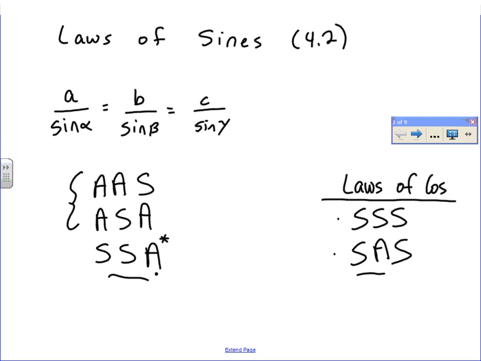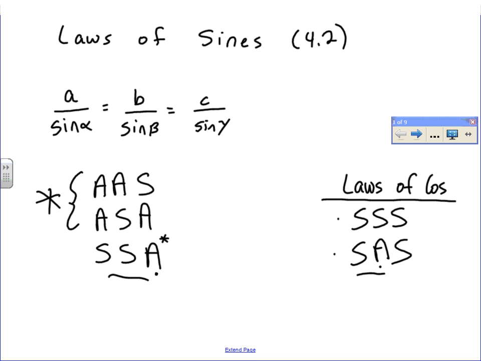In this case, the angle would be the included angle, so it would be the angle in between the two sides. When we start looking at this, especially on Wednesday, I'll give you a better explanation about side-side-angle and how it's different from side-angle-side. But for today, let's just go with these two, and we're going to use laws of sine. Now notice it's a pretty simple formula.